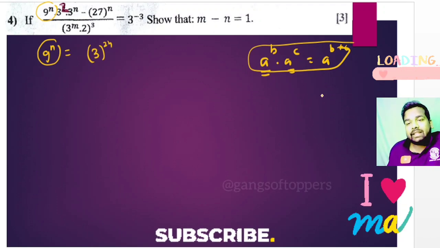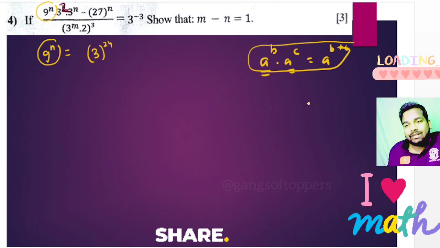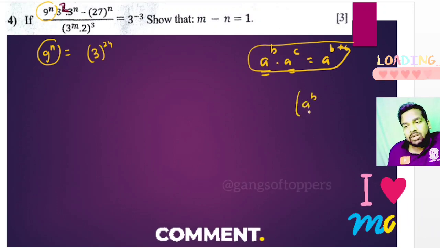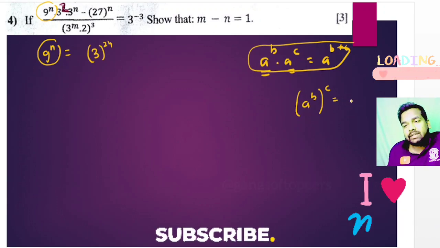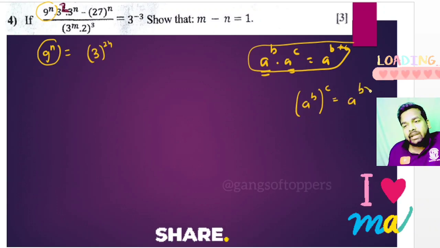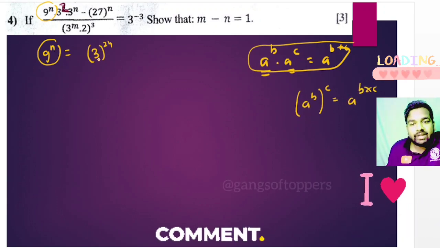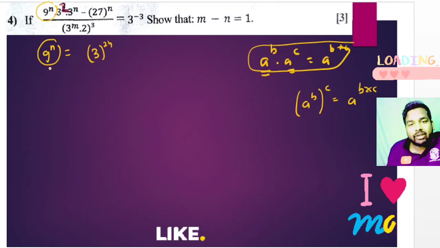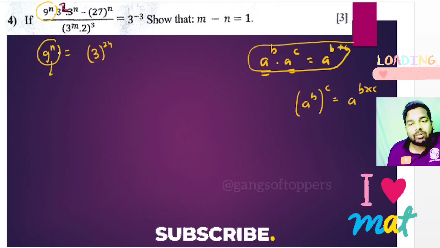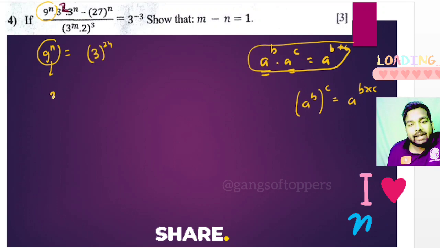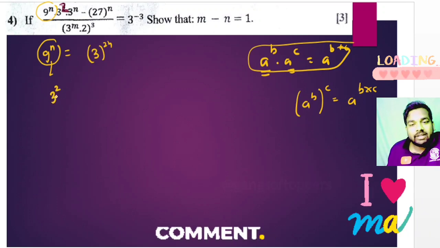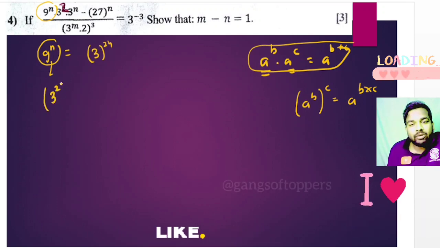And one more concept: a to the power b the whole to the power c is equal to a to the power b into c. Look here, this is 9 to the power n. We can write 9 as 3 squared the whole to the power n.